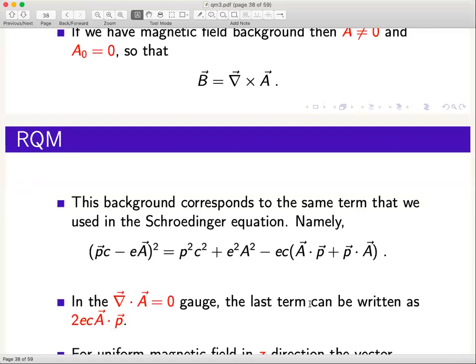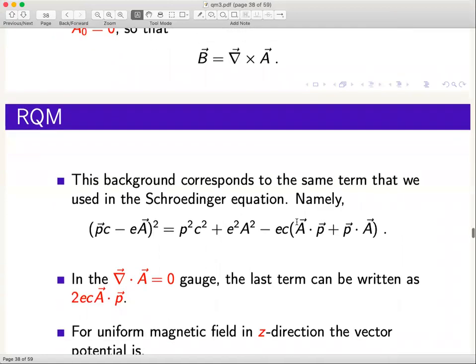And if you do that, then the p dot A term can also be written as A dot p, because whenever p acts on A, it would vanish because of the choice of gauge. But when you write down p dot A, you actually mean that p acts on anything on its right. So either it acts on A or it goes out and acts on the wave function on the right. And that term is equivalent to A dot p, and therefore you can write this entire expression as 2ec times A dot p.